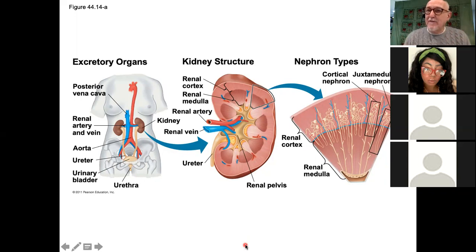We do excrete a little bit of ammonia as well, but it's small compared to the amount of urea that we excrete. Ammonia, remember, is very, very toxic and requires a large volume of water to actually void it completely.